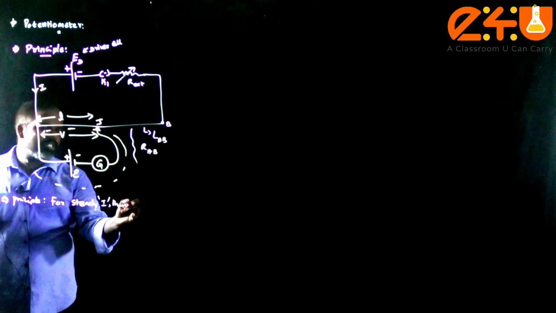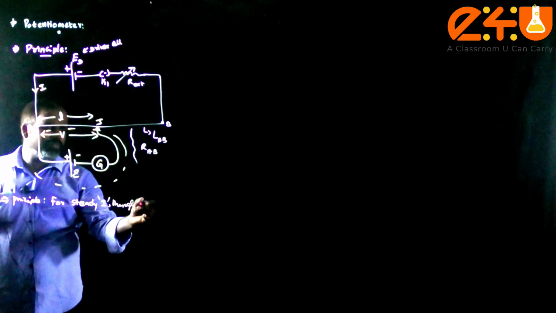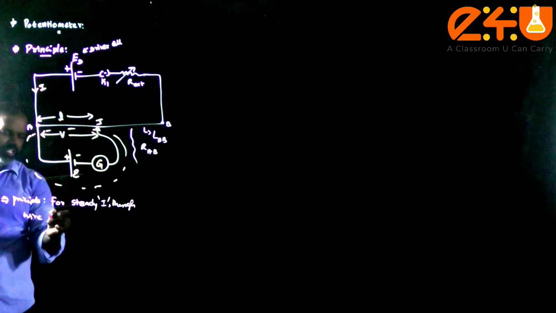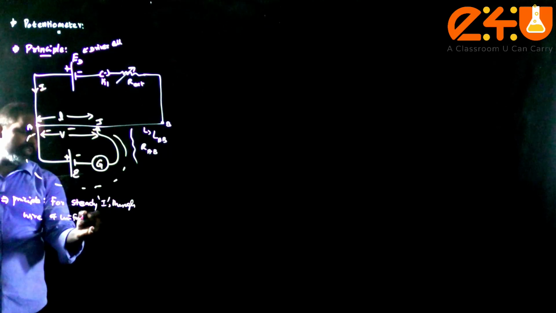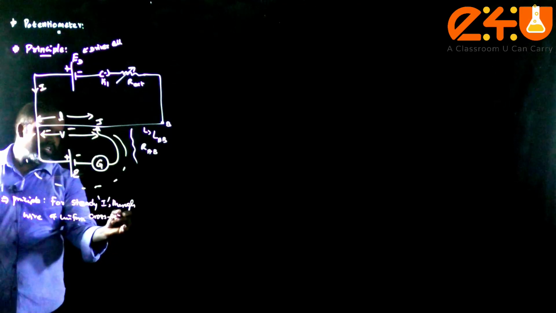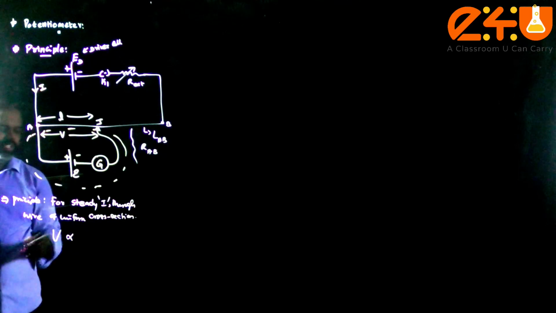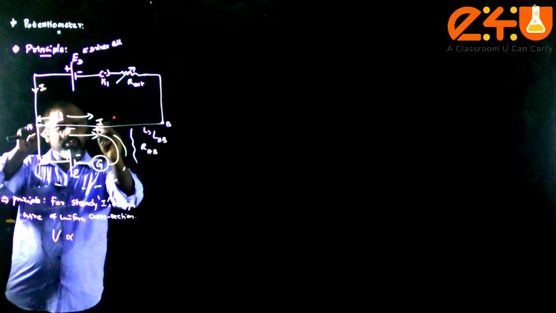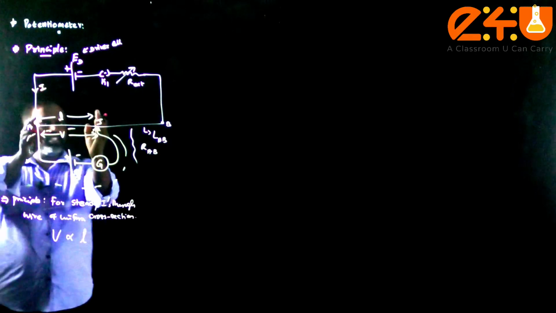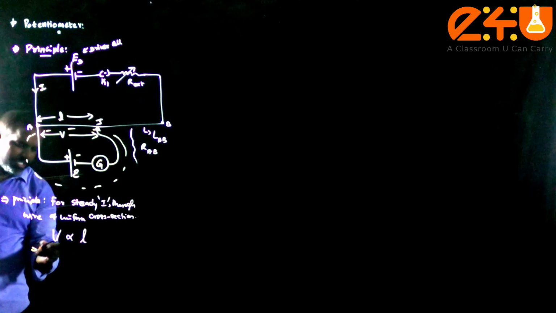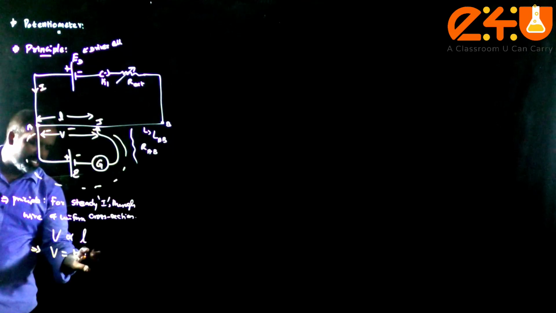So therefore, for the steady current through the potentiometer wire of uniform cross section, that means the area of cross section is constant, the potential drop across any two points is directly proportional to the balancing length of the given circuit. That means we can write that V is directly proportional to L. Therefore, we can write V equals some proportionality constant K into L.